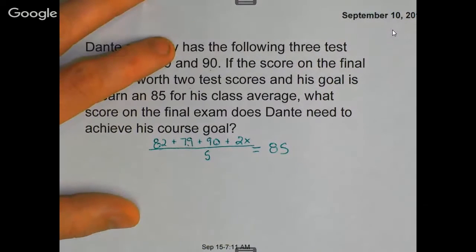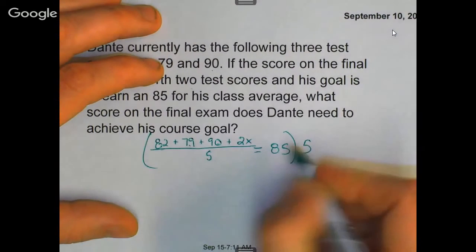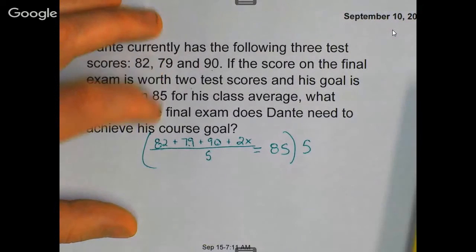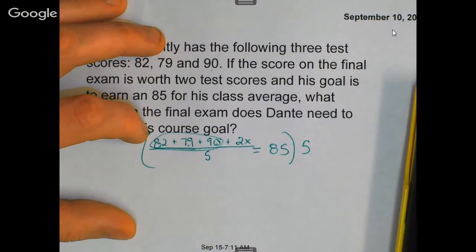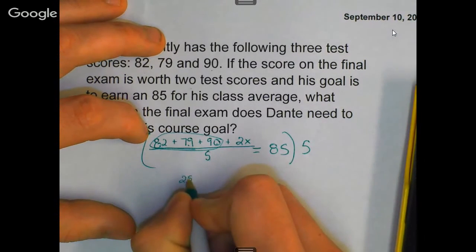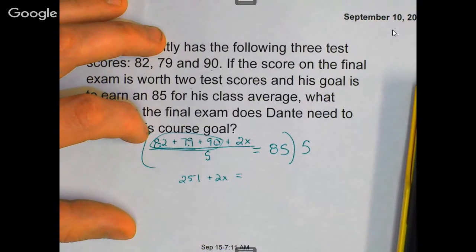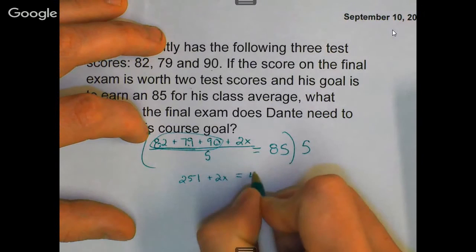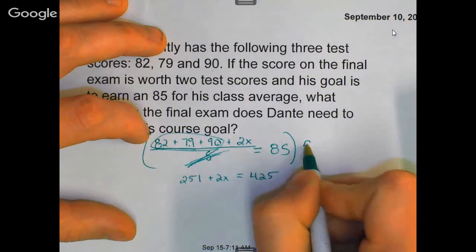So we'll solve it. So I'm going to multiply the whole thing by 5 again, because that's my denominator here. And I'm also going to add these 3 numbers. So 82 plus 79 plus 90. That's 251 plus 2x equals 85 times 5, 425. Okay, because this 5 went away with this one.